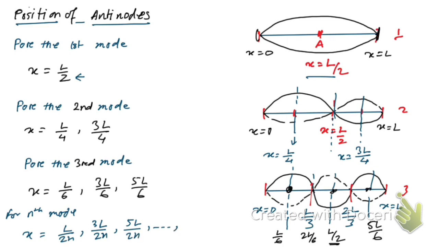Here it is 5 and this is 6, so this is 2 into 3 minus 1, right? This was the third mode, and here this is 3, so 2 into 2 minus 1 for the second mode. So for the nth mode this will be (2n minus 1) L by 2n. So these are the positions of antinodes.